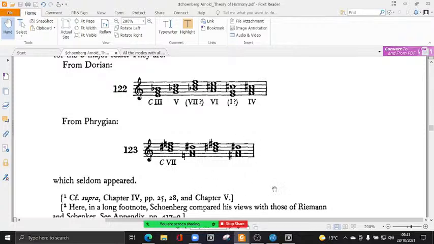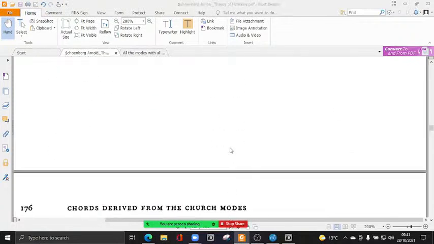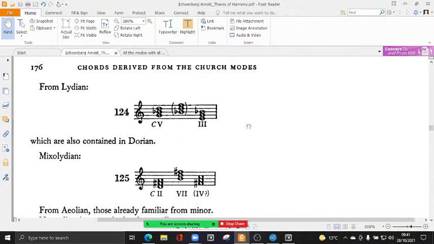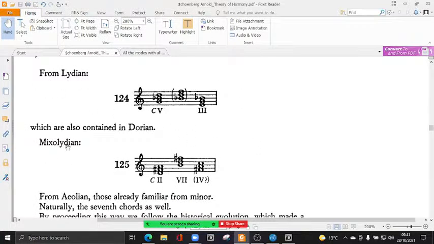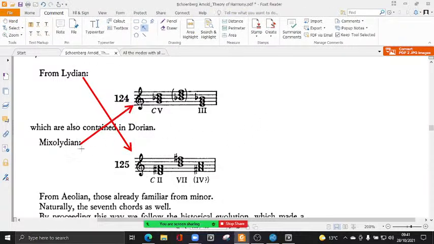In C major, imagine. From the Lydian, you have, Lydian, this is a typo, because Mixolydian is this one and Lydian is this one. Mixolydian is B flat, and then Lydian F sharp.